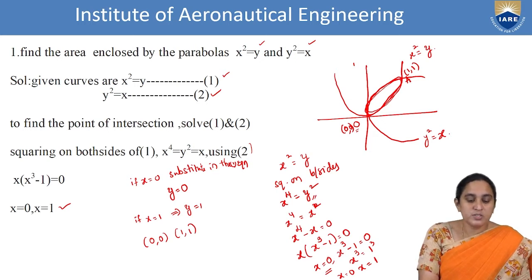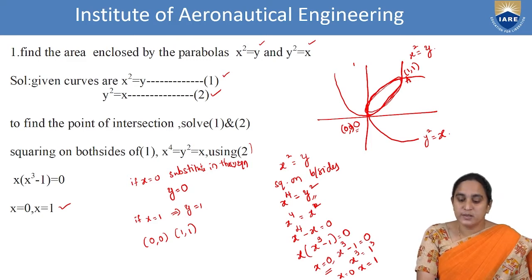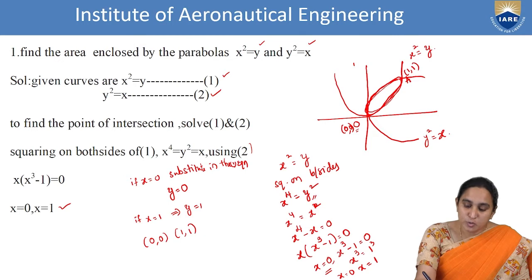But what is the given question? We have to find the area given by the two parabolas x square is y and y square is equal to x. The two are intersecting at this region. Now we have to find the area in between O to A.